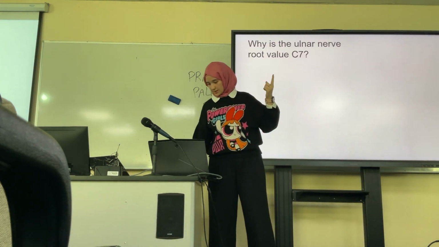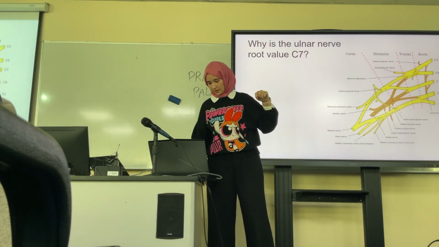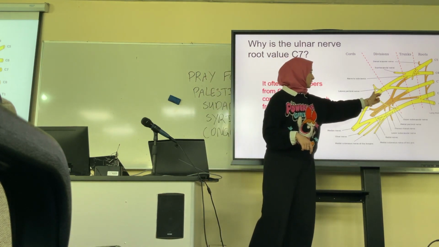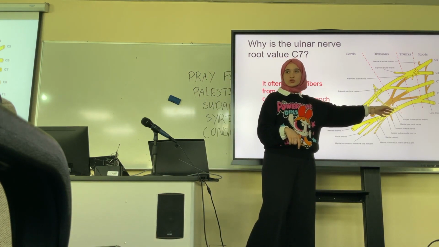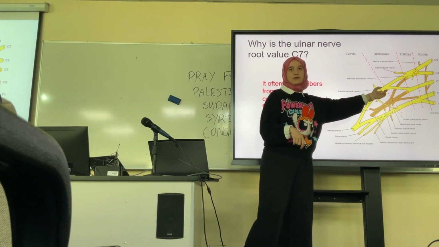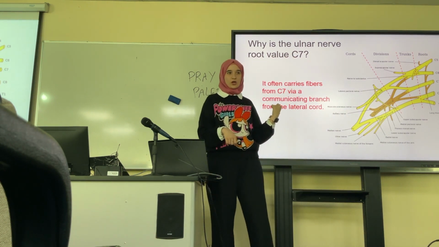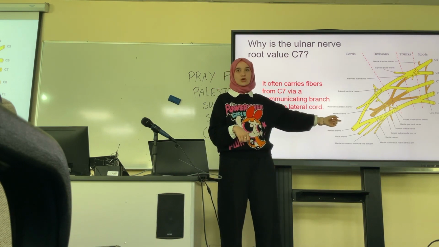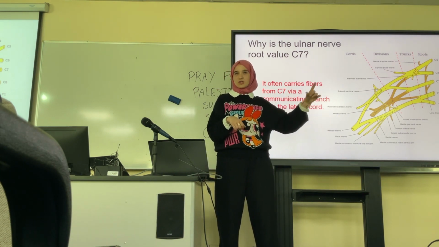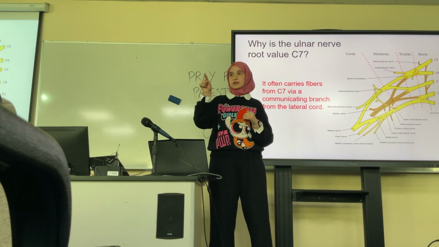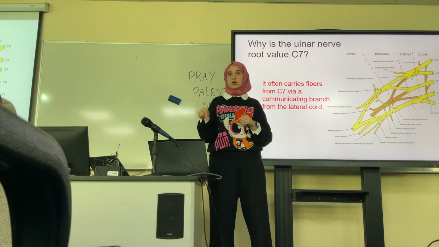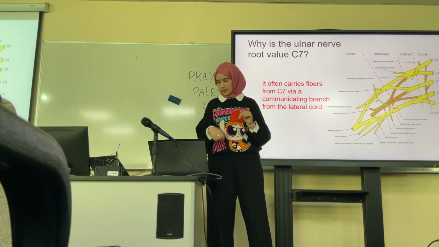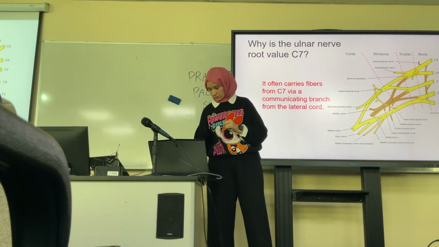If we see this picture, it gives a better view: there is actually a communication between them. So some fibers from C7 would escape to the ulnar, okay? That's why, although it's the continuation of the medial cord, and the medial cord we know is only C8 and T1, it has some fibers from C7, okay? So keep that in mind also.